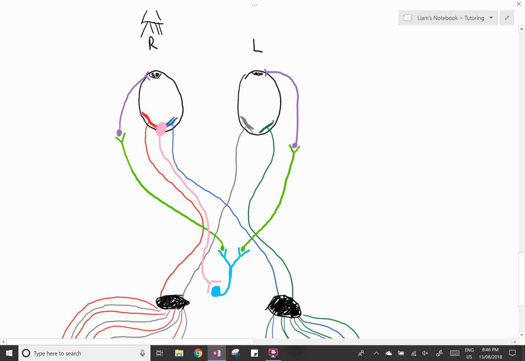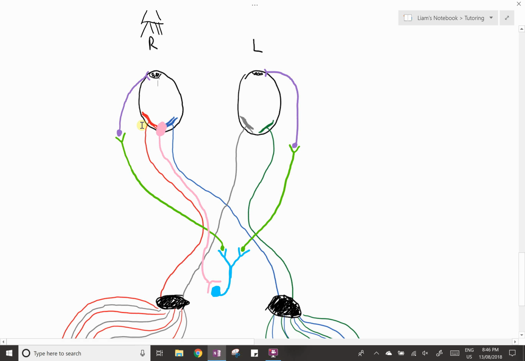These are thanks to these special types of ganglion cells, which I've done here in pink. I have the name here for you. They are the intrinsic photosensitive ganglion cells. They're special ganglion cells. They don't rely on photoreceptors to detect light, and they're involved in non-vision related information.